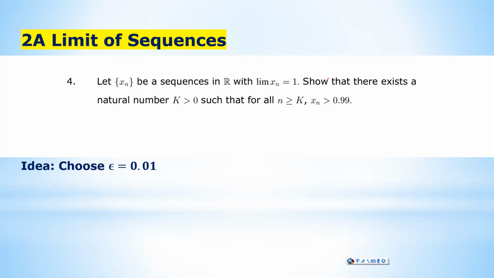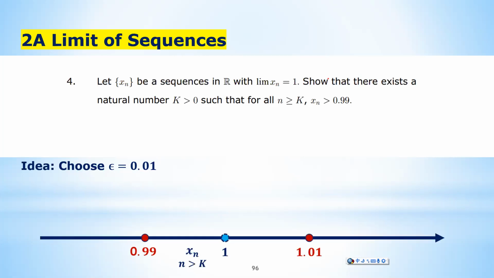Because for any given epsilon, we can plug this epsilon into the definition. You have an estimate, right? So I choose a particular epsilon. That epsilon is the difference between the limit and 0.99, right?